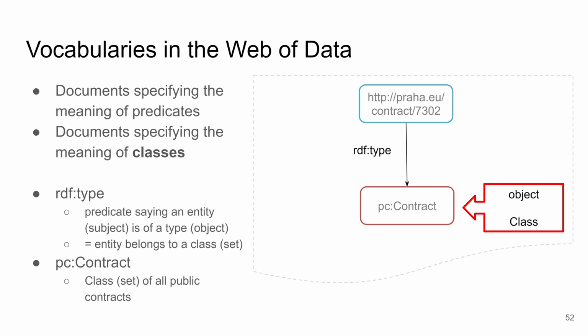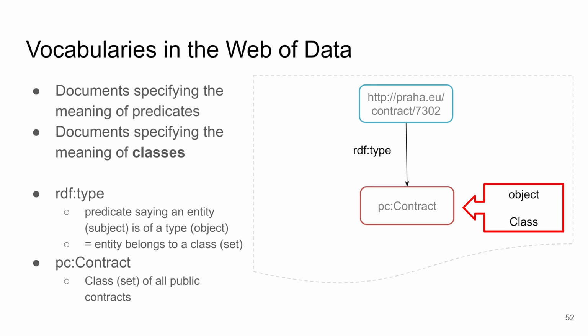So you want to say that the entity represented by the URI praha.eu/contract/7302, that this entity is a public contract, we do it by this special predicate RDF type. So we have the subject, the IRI of the public contract, the predicate is RDF type, and the object is again a resource.